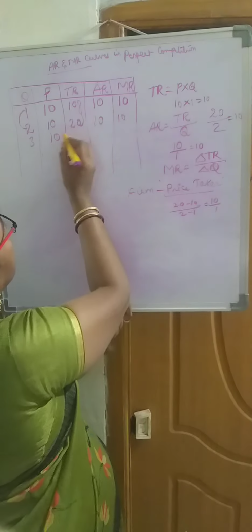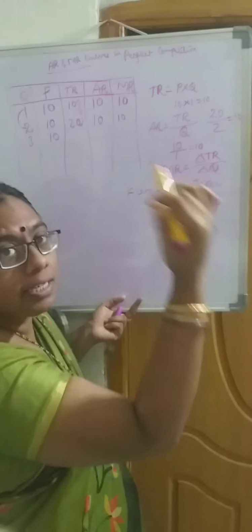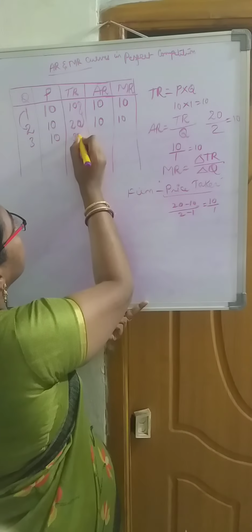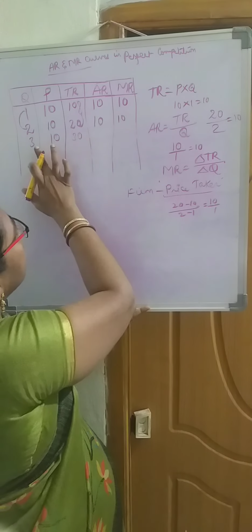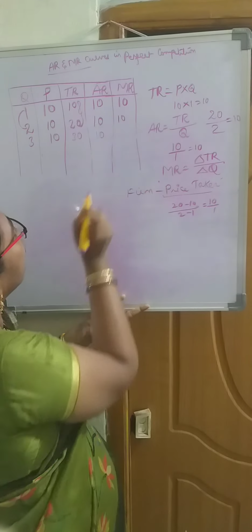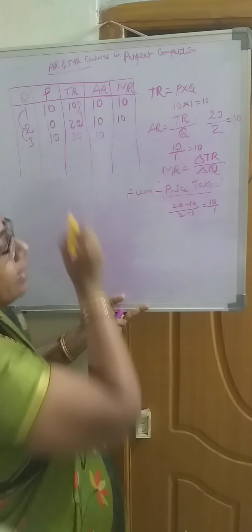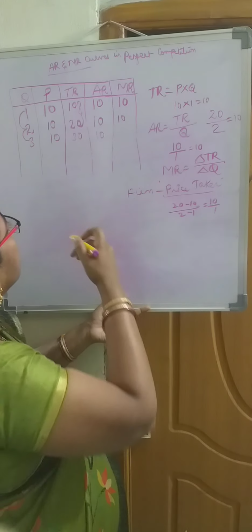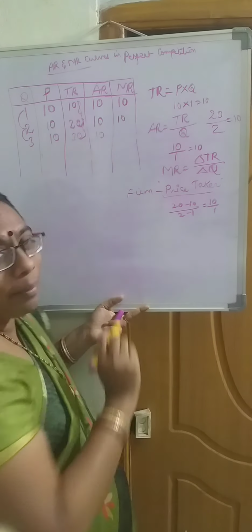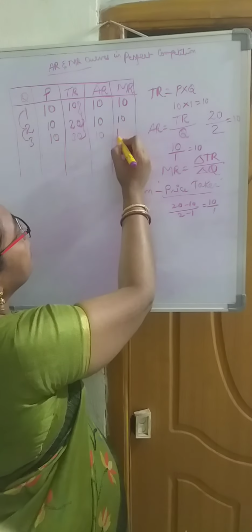Now the 3 products each at 10 rupees, he is getting 30 rupees, and the average revenue is 30 by 3, 10 rupees. By selling an extra product, or the third unit, the extra amount generated is again 10 rupees.